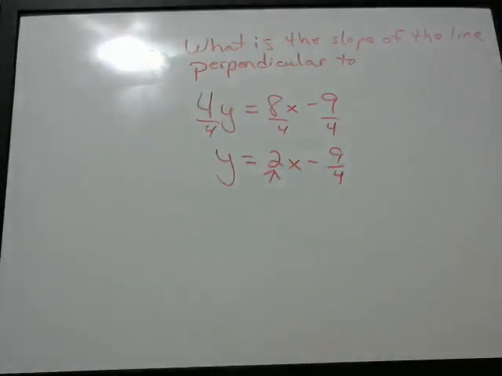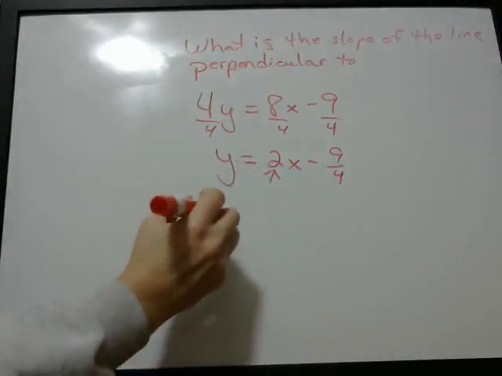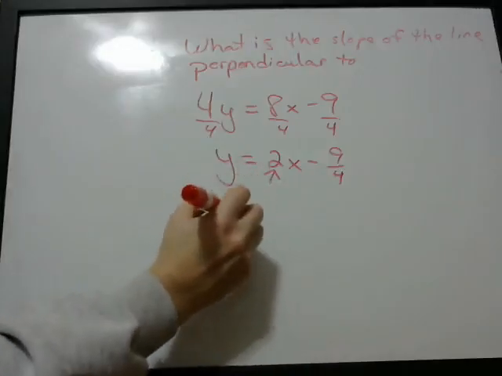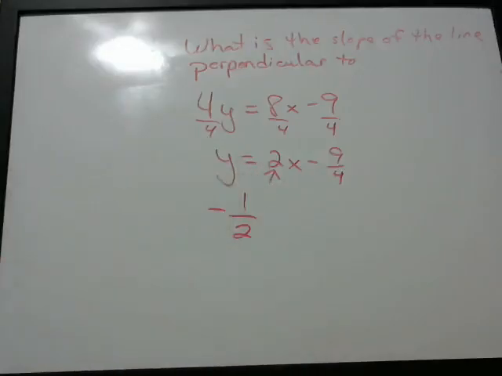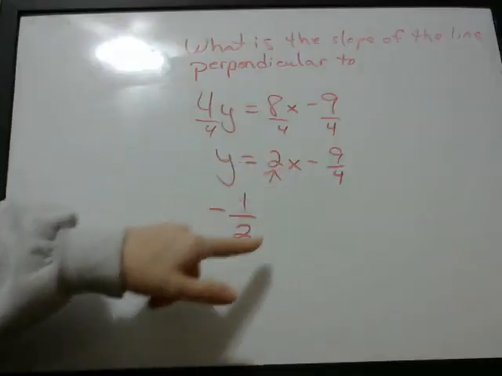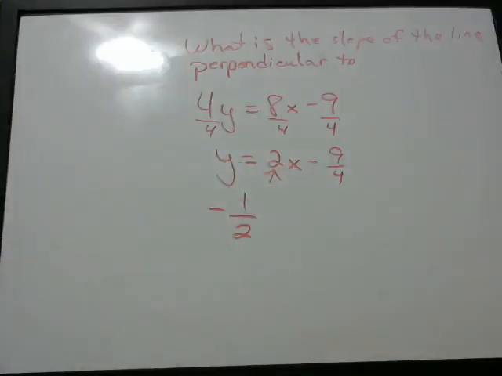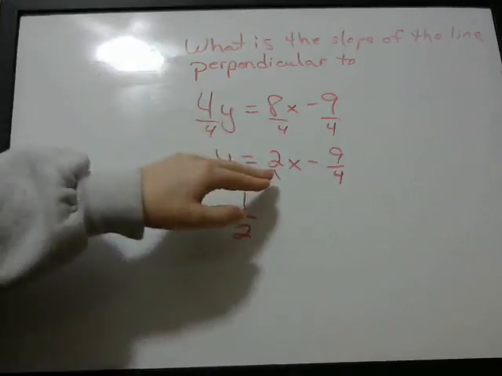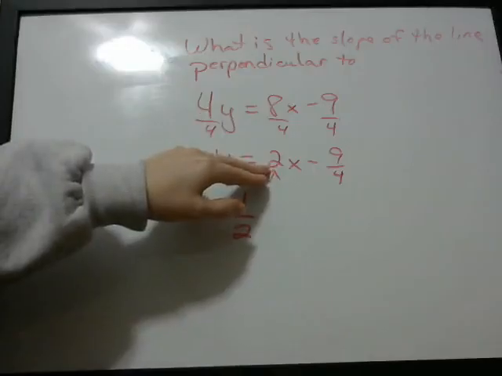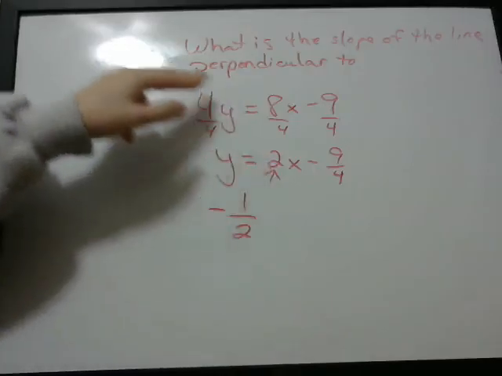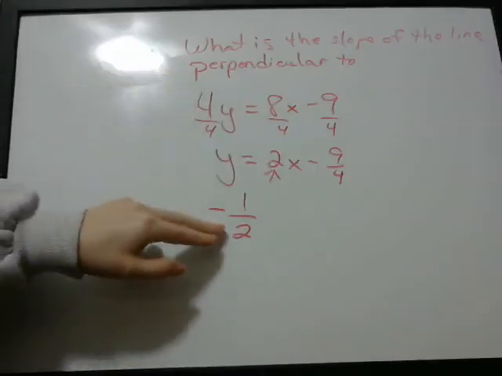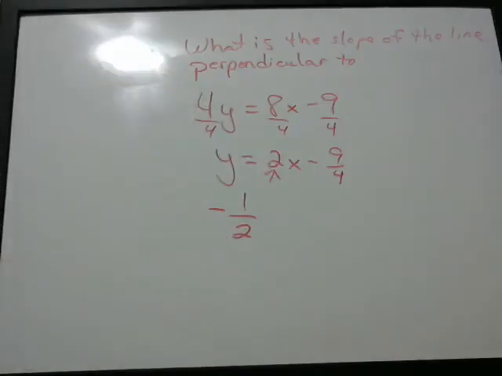To be perpendicular to this line, we have to take the negative reciprocal. The reciprocal of 2 is 1/2. It has to be negative 1/2. Remember, for parallel, we said the slope of the line parallel to this line is just the same number, 2. If you see perpendicular, you have to take the negative reciprocal.